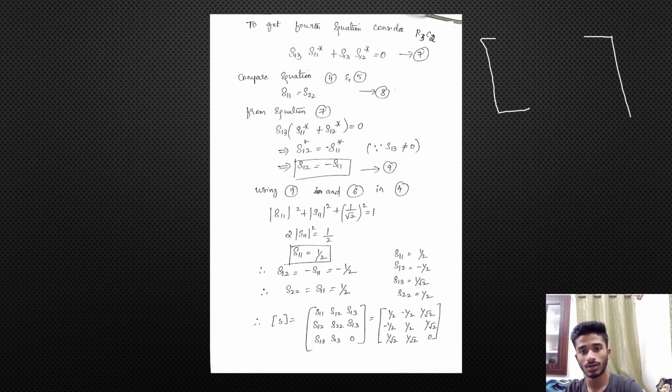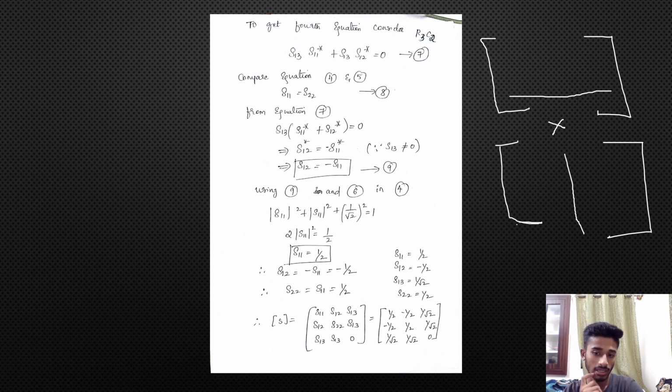So to get the fourth equation, what we have to consider is row 3 multiplied by column 2. Okay, this looks like the shape of the T.